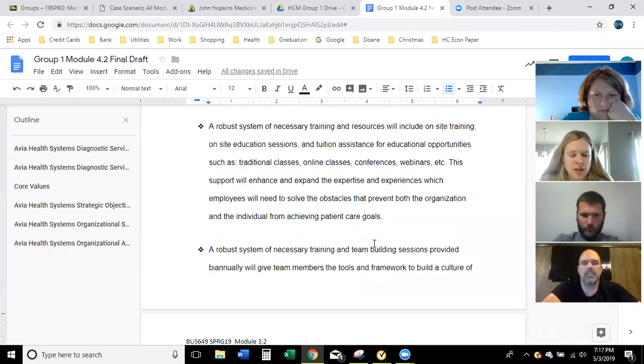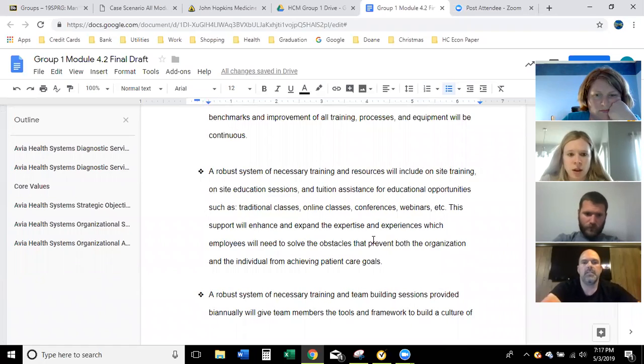So Dawn says, easy to read. One component I found to be missing was mention of cost benefit or discussion of financial impact of your strategic plan. Is there a financial cost to your objectives? While several key components are included in your discussion, there is no mention of financial aspects.